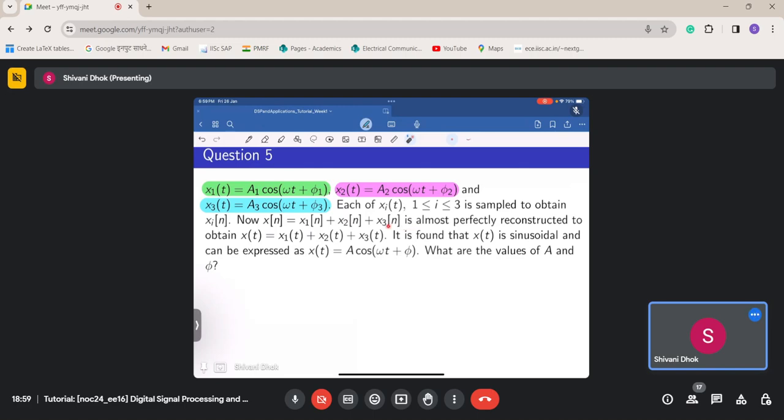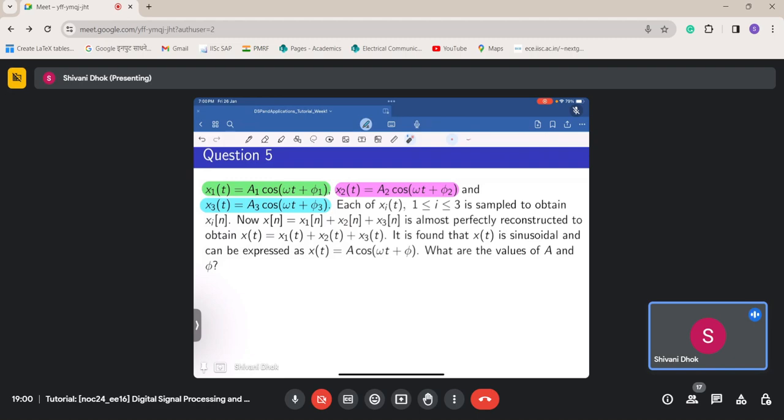This sample is almost perfectly reconstructed to obtain xt equal to x1t plus x2t plus x3t. It is found that this x of t is a sinusoid and can be represented as a cos omega t plus phi. We need to find the values of a and phi.